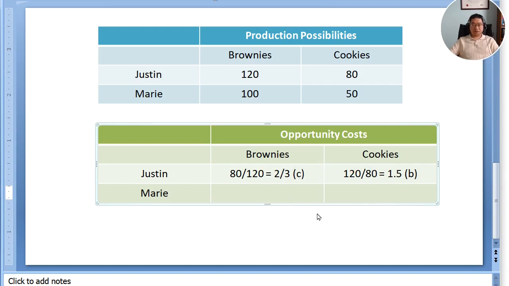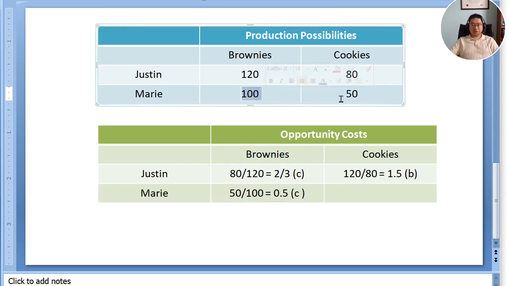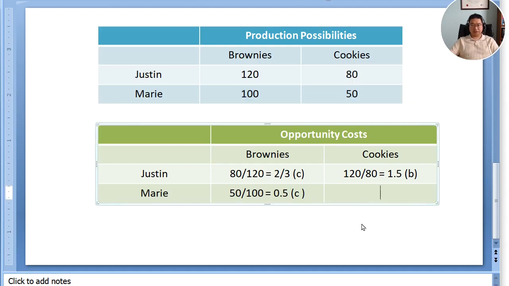Now, how about Marie? The opportunity cost of brownies for Marie in terms of cookies is 50 cookies given up to produce 100 brownies. We have 0.5. That is, again, cookies. So for every brownie, Marie gives up half of a cookie.